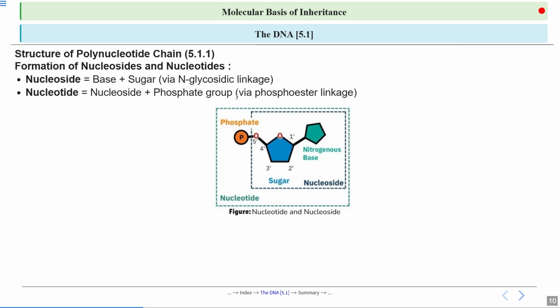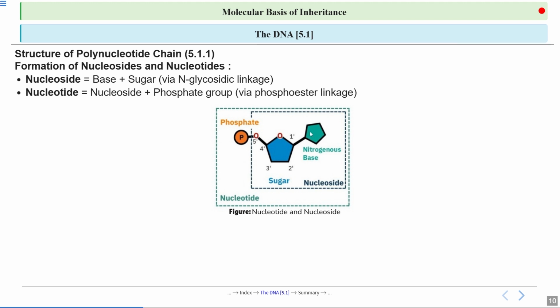How are they linked together? They are linked together via N-glycosidic linkage. What is an N-glycosidic linkage? For your knowledge, I will tell you that N-glycosidic linkage is a covalent bond only, and it is between the anomeric carbon of sugar and the nitrogen atom of the nitrogenous base. Now you can ask, what is the anomeric carbon of this sugar?